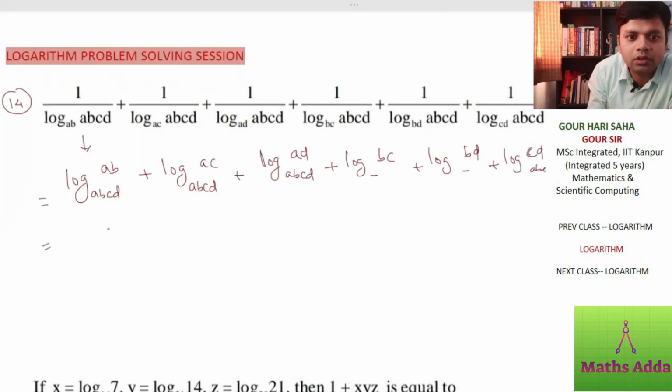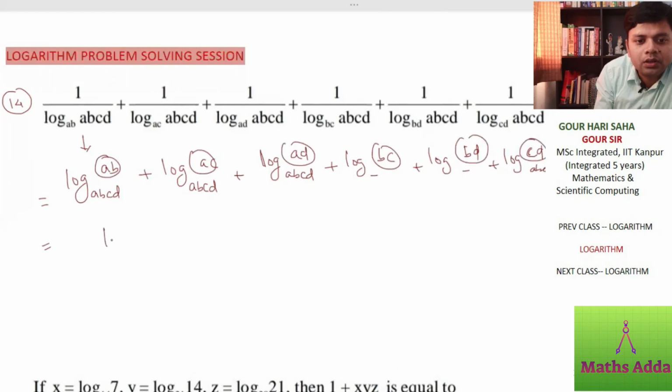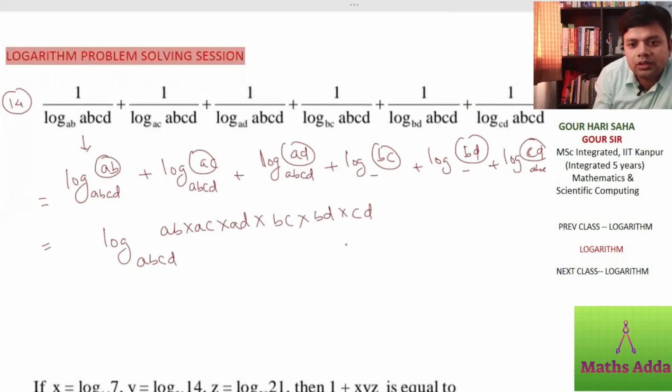The base is the same, so these terms will multiply, using the log property. So this is log of AB into AC into AD into BC into BD into CD base ABCD. So it is actually log of ABCD whole cube base ABCD.